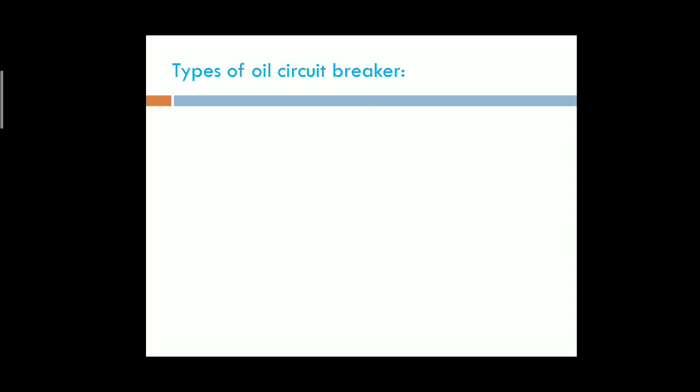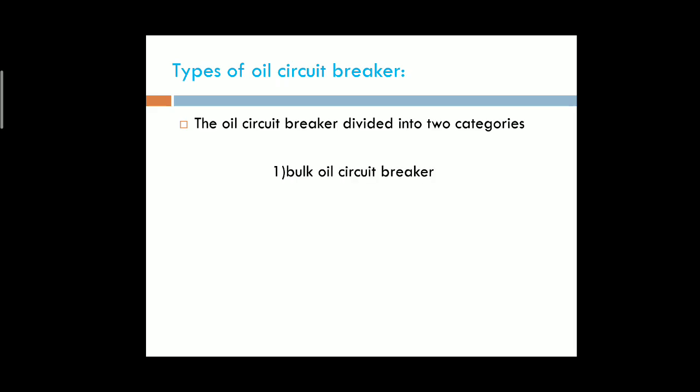Next, the types of oil circuit breakers. Oil circuit breakers are divided into two categories depending upon the level of the oil.